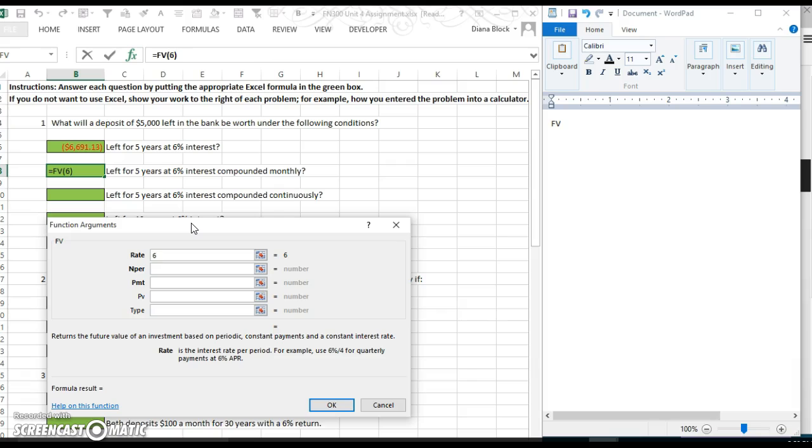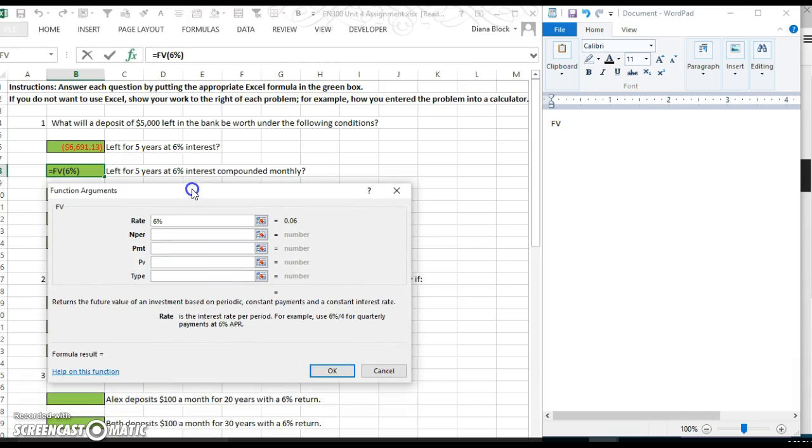So the rate is actually 6%, but it's 6% per year. This is going to be compounded monthly. So we need to get the compounding rate for a month. So we're going to take that 6% divided by 12. Now, you see, Excel has already determined how much that is. That's all we have to do there. Now, the number of periods that it's going to compound.